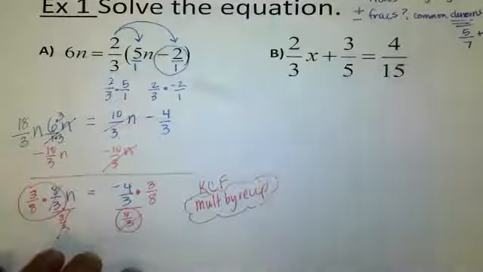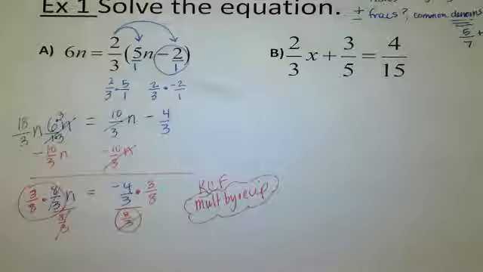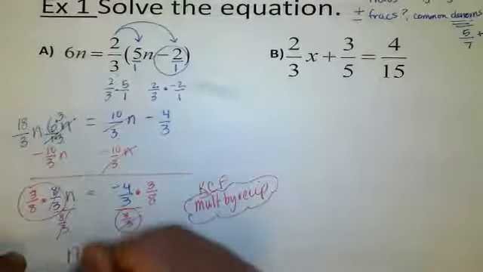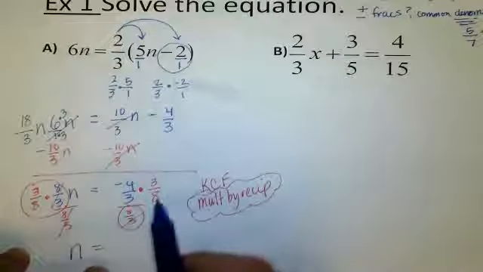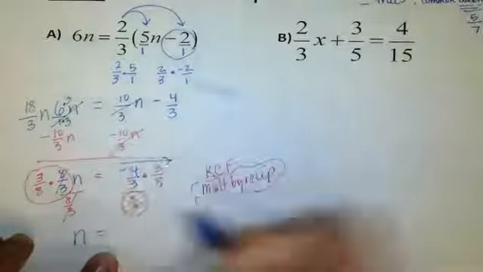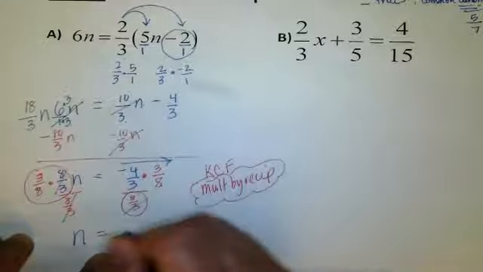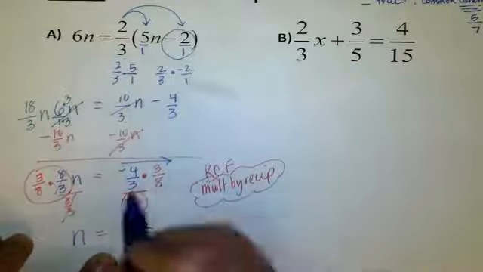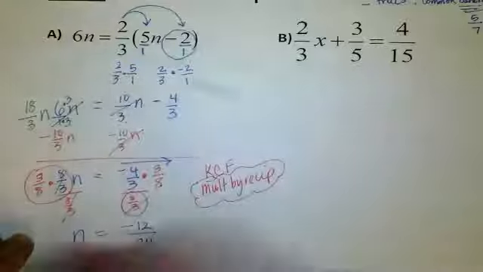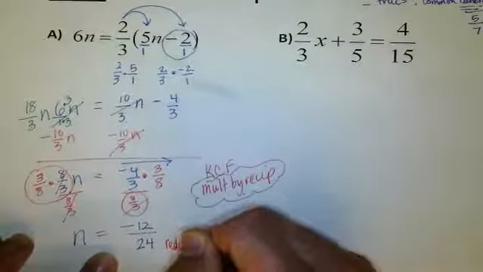So we multiply by the reciprocal. And I think that's the thing that you maybe haven't done a lot of. Multiply by the reciprocal. So we are going to have an n equal to, how do you multiply fractions? Straight across. Straight across, that's going to be negative 4 times 3, negative 12. 3 times 8, 24. And then we can reduce that fraction.